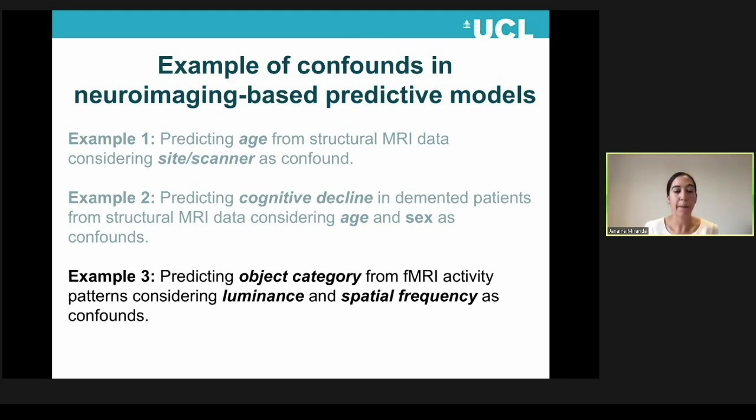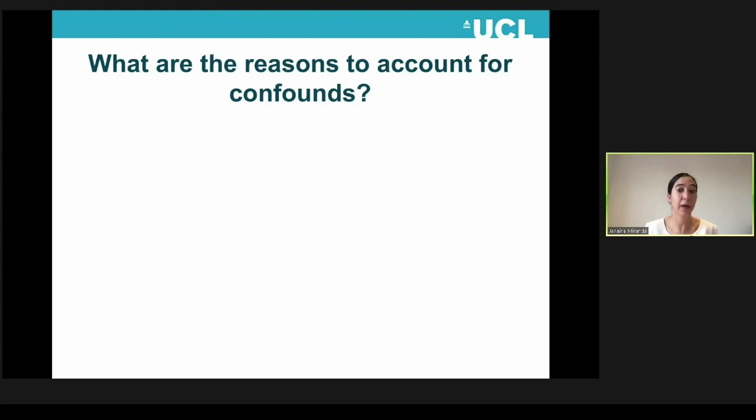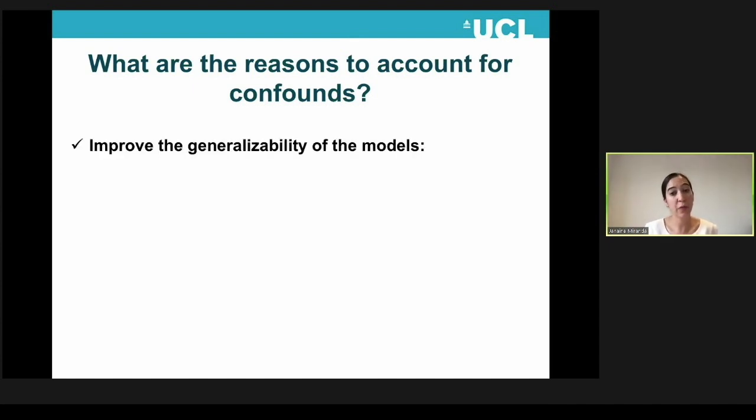In order to decide whether to consider a variable a confound or not, we need to understand the reasons to account for confounds. There are basically two reasons why researchers try to account for confounds. One is to improve the generalizability of the models.